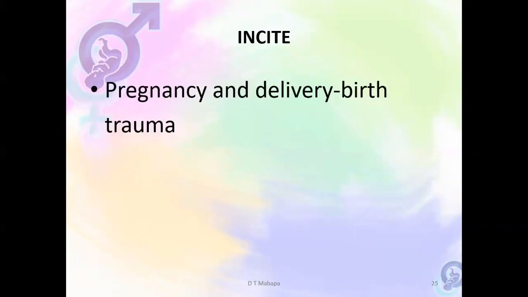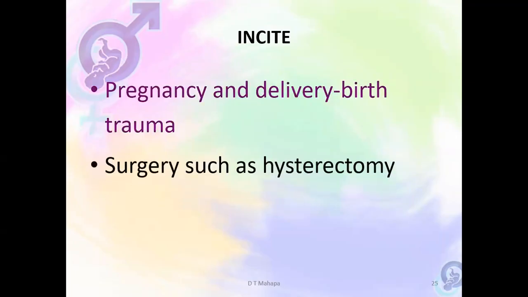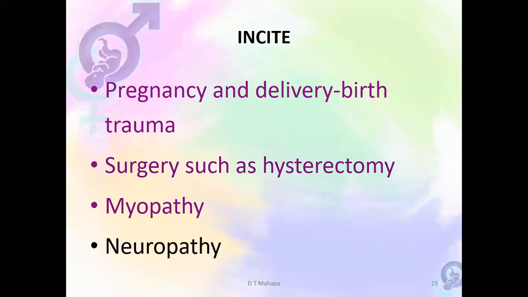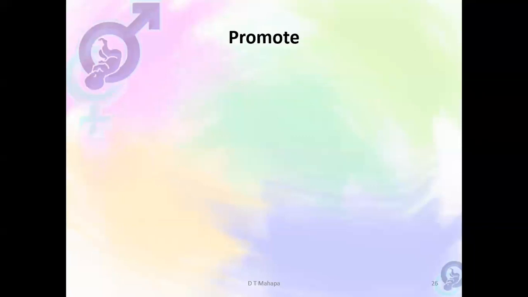The commonest culprit is pregnancy and childbirth trauma. Vaginal childbirth is a traumatic condition. Sometimes surgery itself, hysterectomy, if the ligaments are not attached to the wall of the vagina, is a predisposing cause. Muscle diseases and neurological disease can also incite pelvic organ prolapse to occur.